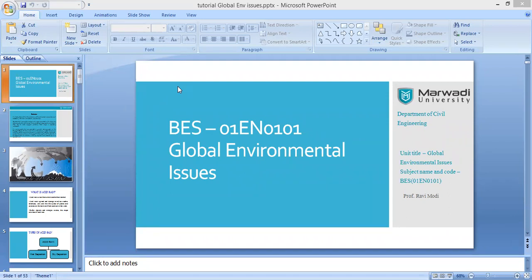Thereafter we saw the different population forecasting methods. So what are the different methods by which I can calculate the population of the future? We also saw one of the examples where we had the data of population from 1971, 81, 91, 2001.